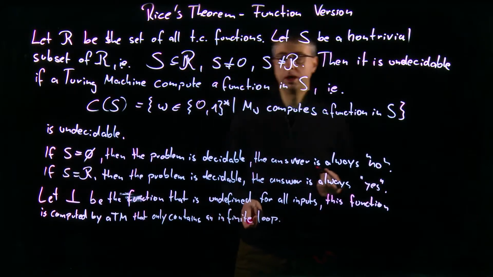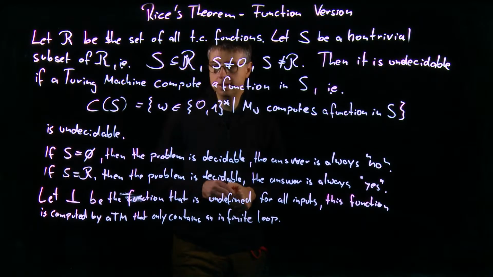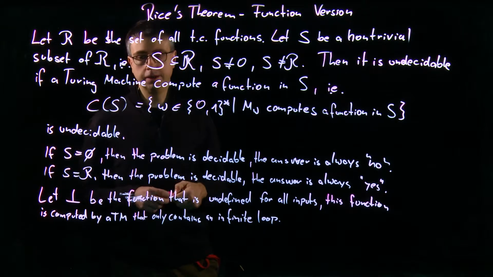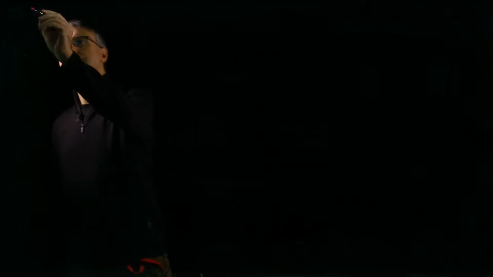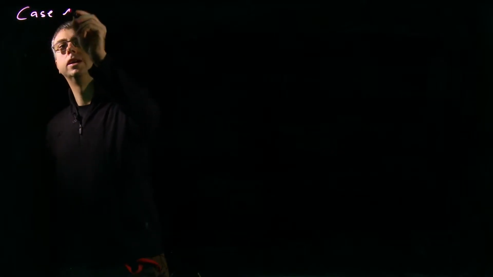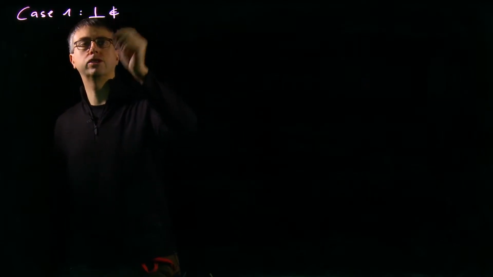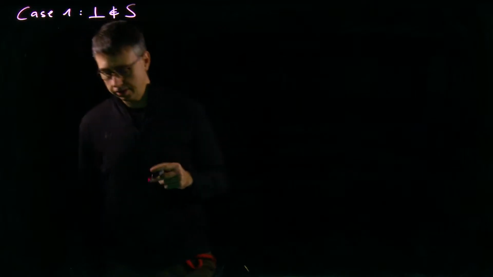And for the proof, we'll do a case distinction, distinguishing two cases: the first case being that bottom is in our specification S, and the second one that it's not. So case 1 is the case that bottom, the function that's undefined for all inputs, is not in S, not in our specification.